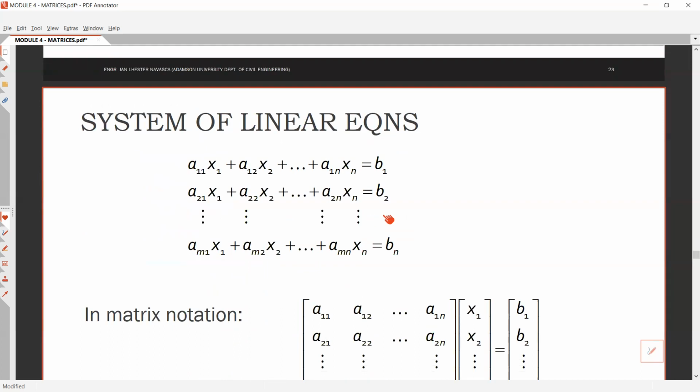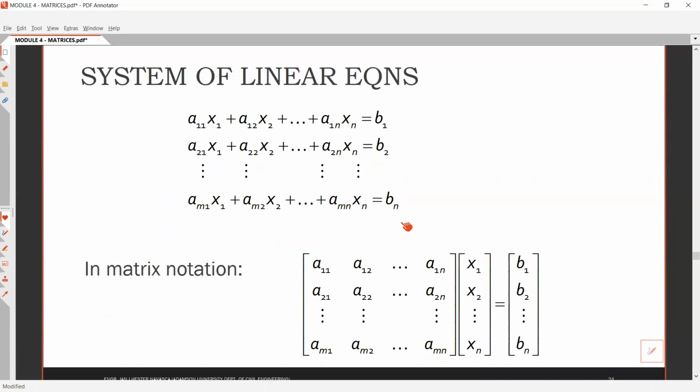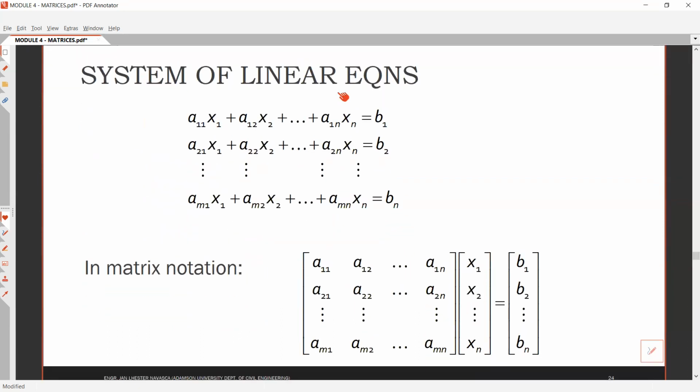So, for the systems of linear equations, ito nga yung sinabi ko, yung matrix is just like arrangement of numbers lang. Okay. So, pwede natin gawin yung systems of linear equations into a matrix notation.